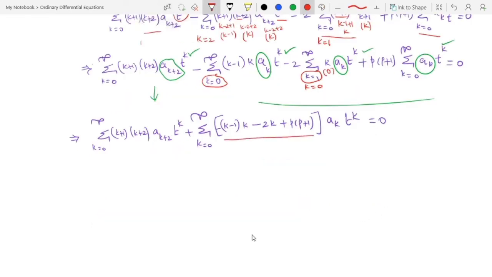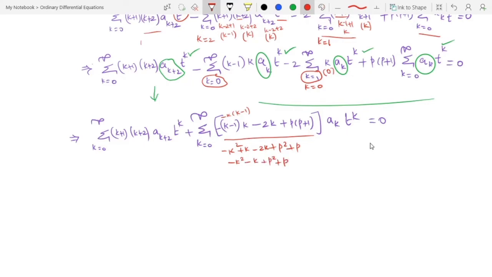Expanding this expression, minus k into k, that is minus k square, minus k into minus 1, that is plus k, minus 2k, plus p into p square, plus 1 into p, that is minus k square, minus 2k plus k, minus k plus p square plus p.